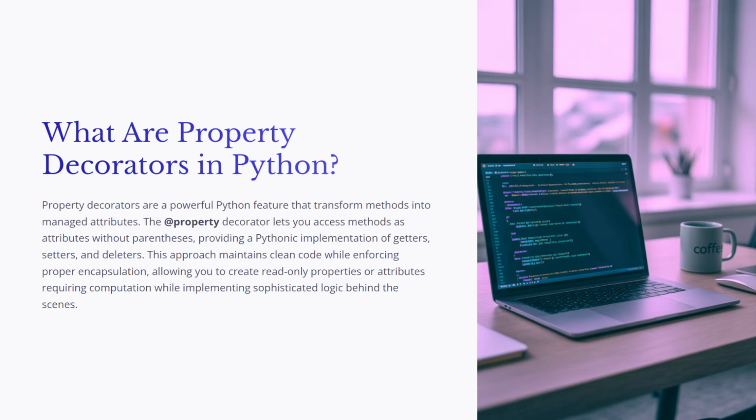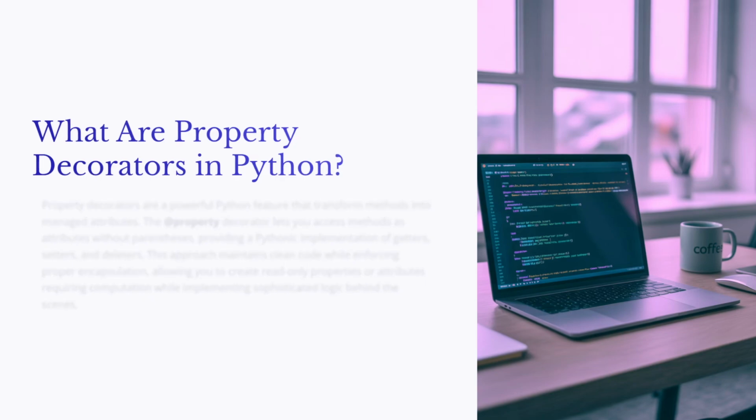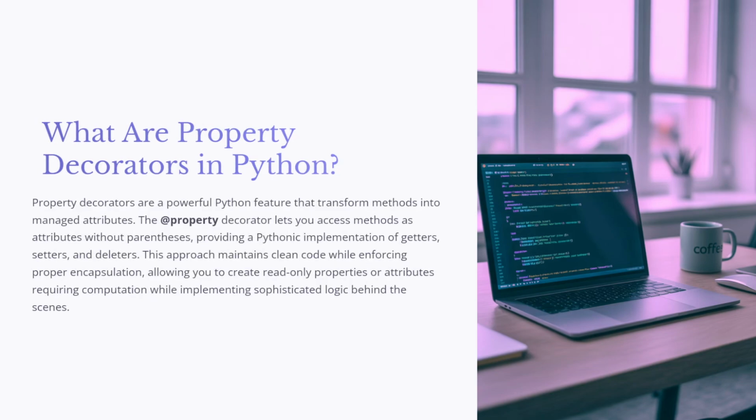In this video, we are going to look at what are decorators in Python. So what exactly are decorators? Property decorators are a powerful Python feature that transform methods into managed attributes. The property decorator lets you access methods as attributes without parentheses, providing a Pythonic implementation of getters, setters, and deleters.